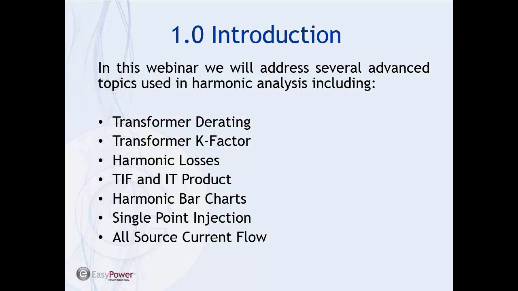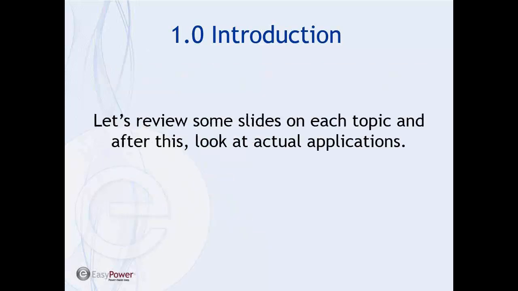We'll also cover the Single Point Injection method and the all-source current flow method, which are two analysis methods inside EasyPower that let you do some specialty analysis of what might be happening at a particular frequency in your system while you're modeling it. Like I said, we'll review these slides on each topic and then look at some actual applications with an EasyPower example.